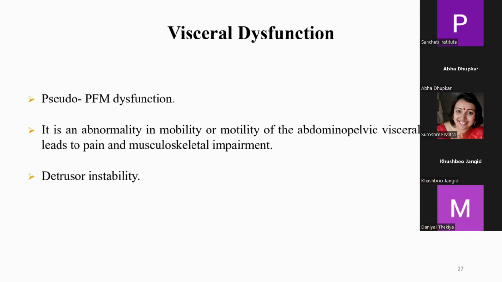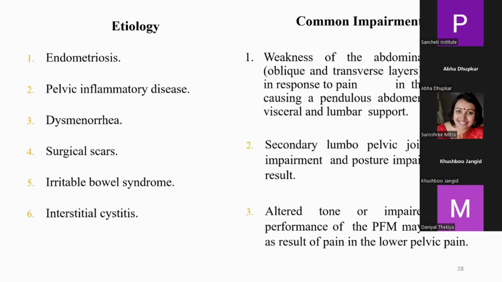Understand, abnormality in mobility and motility of the abdominopelvic visceral tissue that leads to pain and musculoskeletal impairments. And the third thing is that there is a detrusor instability which is seen in the visceral dysfunction.